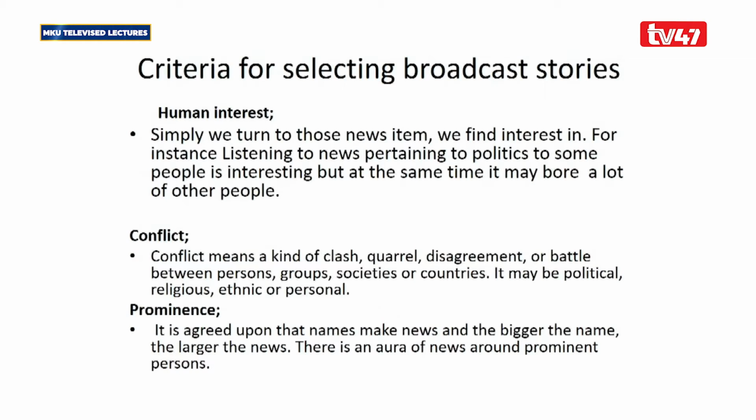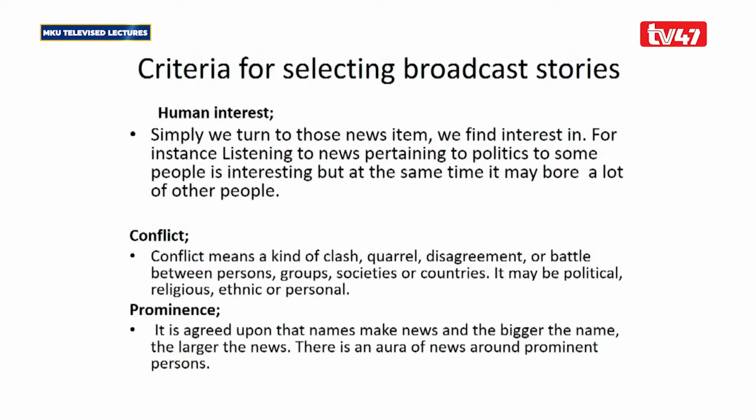For example, we have what we refer to as physical conflict, which may result in injury. If people are going to be injured, then most people would want to know what happened. We also have political conflict.